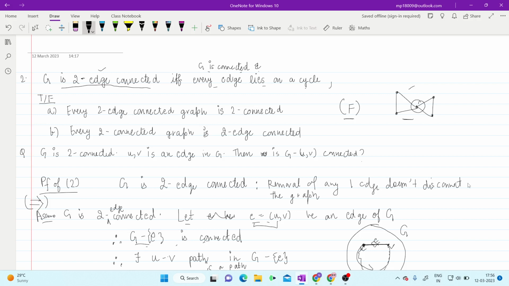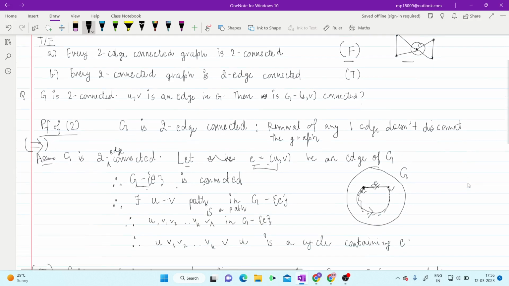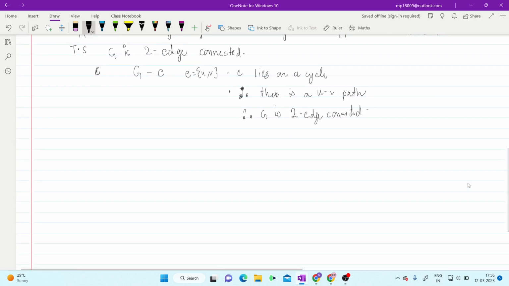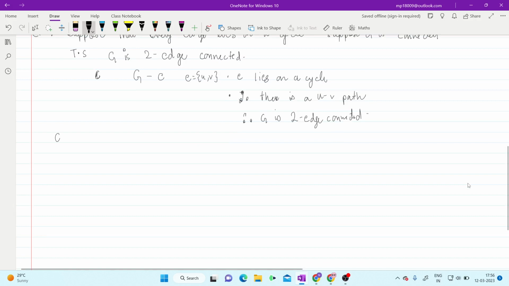But is it true that every two connected graph is two edge connected? Yes, ma'am. Okay, now you have to tell why. If G is two connected, then G is two edge connected.